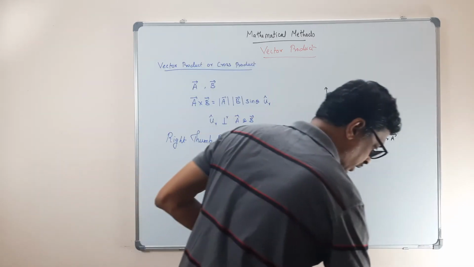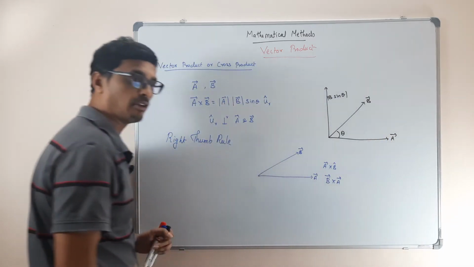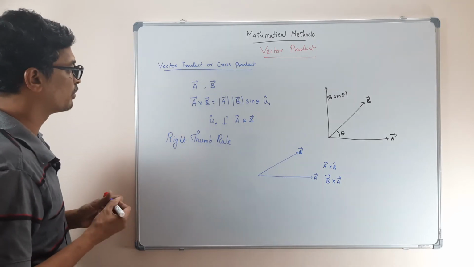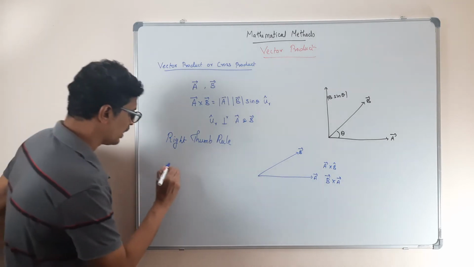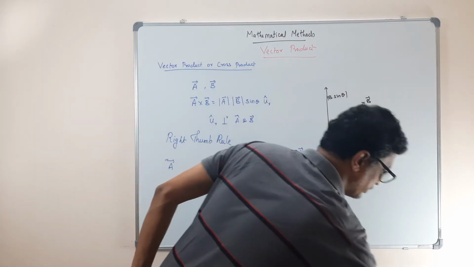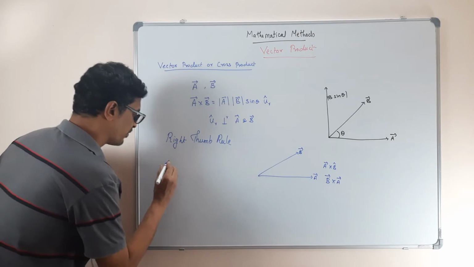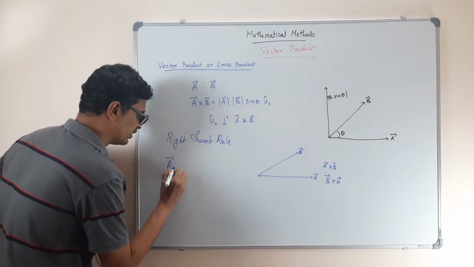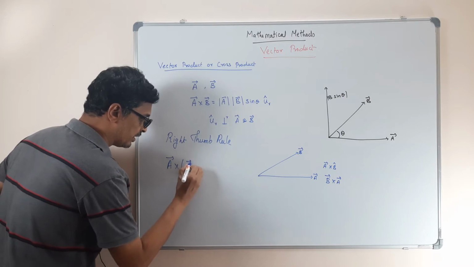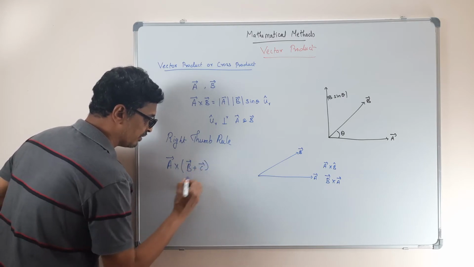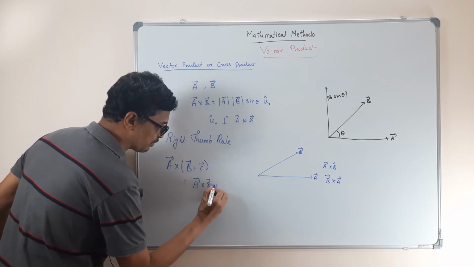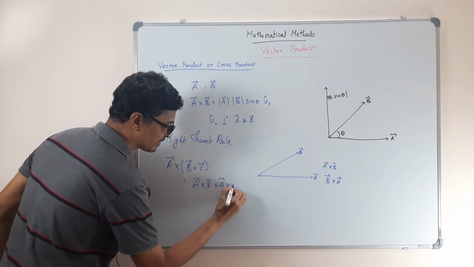The vector product obeys the distributive law of multiplication. So what does the distributive law say? A vector cross (B vector plus C vector) will be equal to A vector cross B vector plus A vector cross C vector.